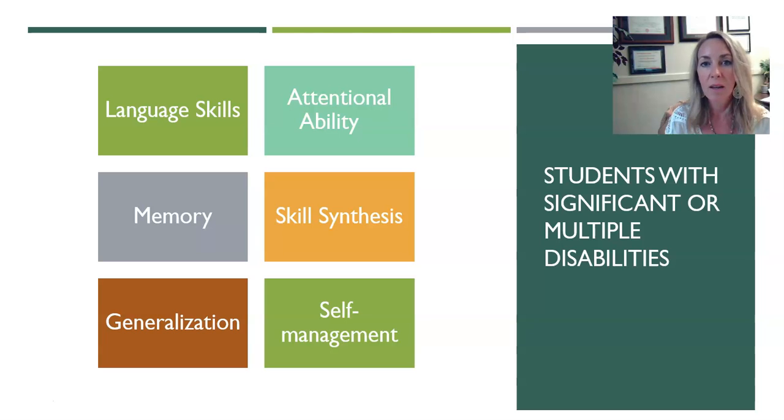First of all, language skills, from articulation to vocabulary, general expression to being able to comprehend and have a conversation. Language skills are always going to be the number one characteristic and need for these students to have addressed. Attentional ability is going to impact their attending to salient features of the information and the learning, and they need to know what requires their attention.